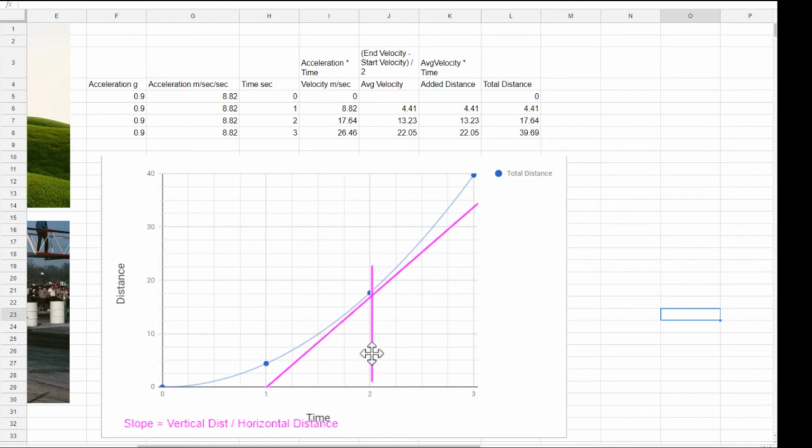So this is 1 second horizontally, so that's our horizontal distance. Remember, we're using 1 second because it's easy to calculate with. So the horizontal distance, that is the denominator of this, is 1. The vertical distance is just the vertical distance here, and that's, I don't know, someplace around 17.5, 18.